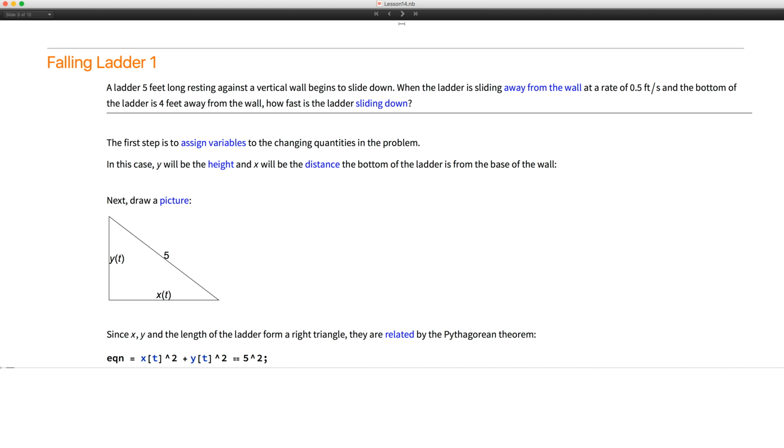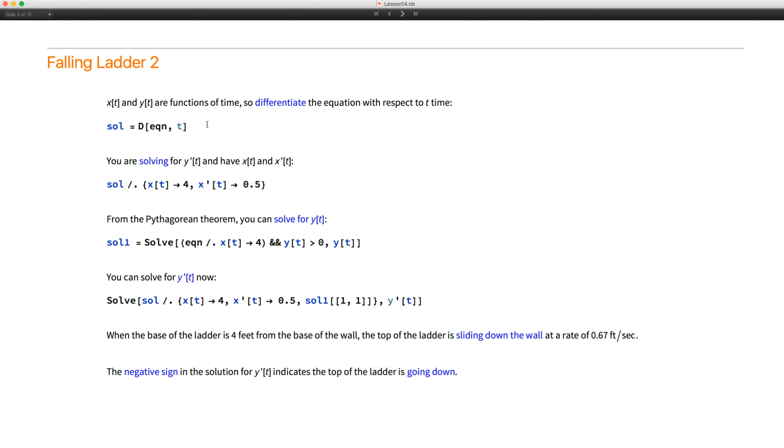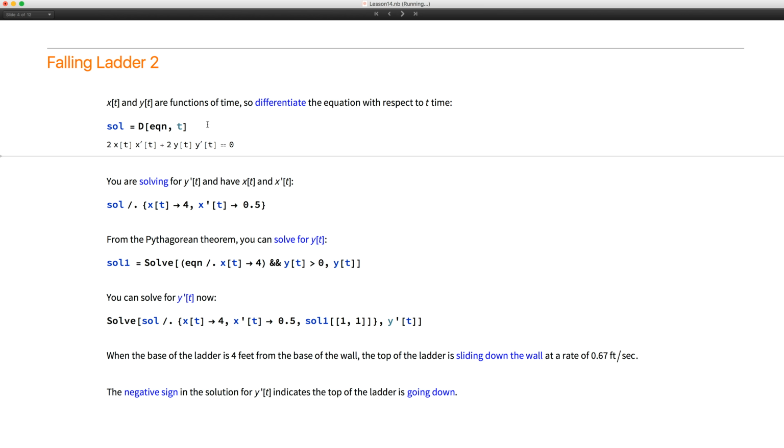That's the relationship we require between x and y. Now, because we want to find the rates, we differentiate that relation with respect to t, and what you get is 2x times x prime plus 2y times y prime equals 0. Keep in mind that x is 4 at that point and x prime is 0.5, so you get an equation that is simpler, but you still need to know what y is.